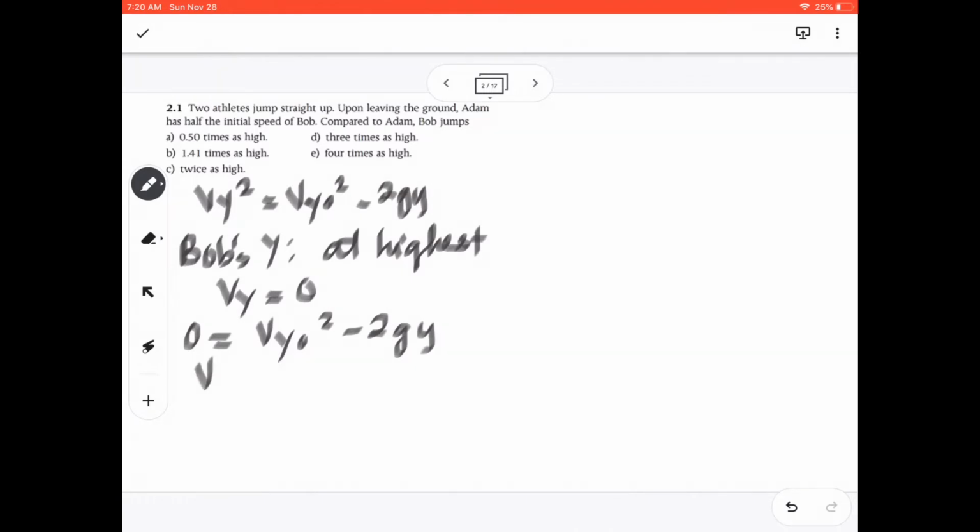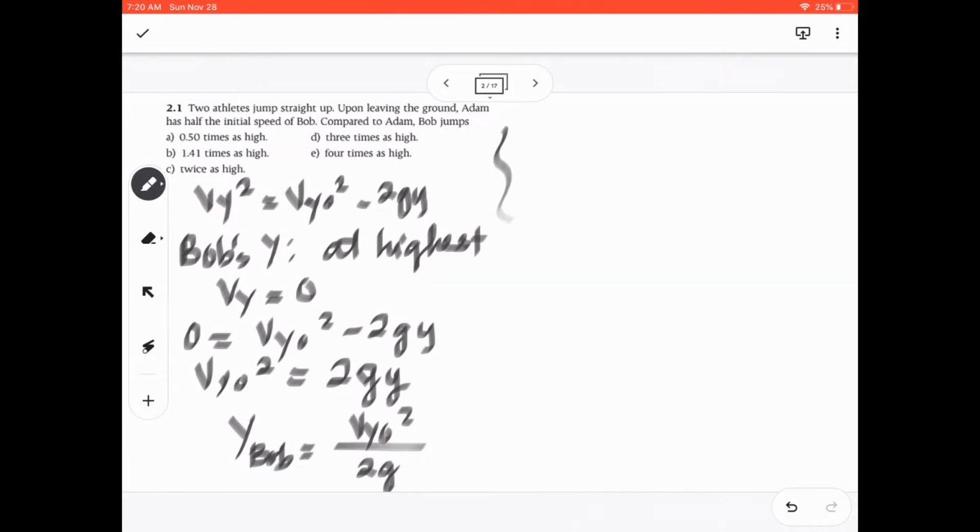Putting it on the other side, Vyo squared will become negative, but then 2gy is also negative, so they will cancel out. They'll both be positive. So y of Bob, the vertical distance of Bob, is equal to Vyo squared over 2g.